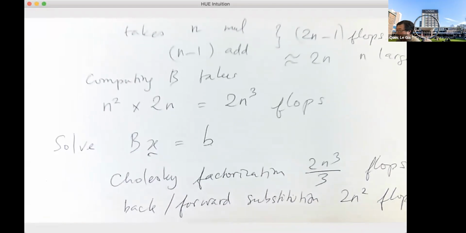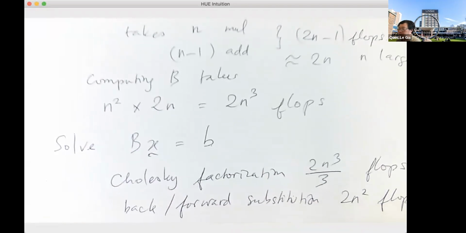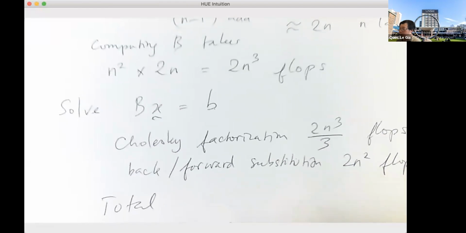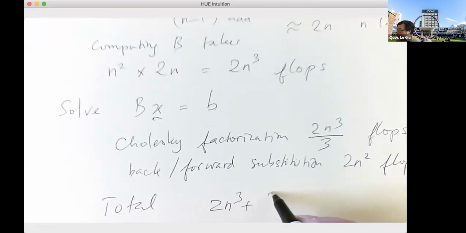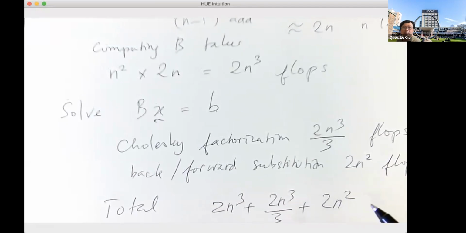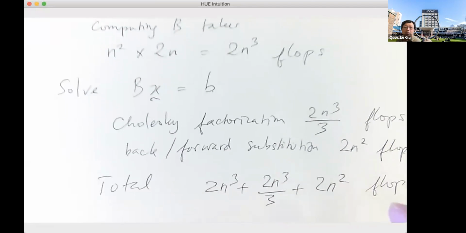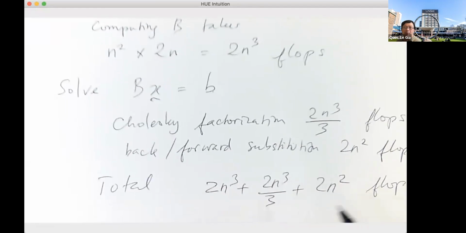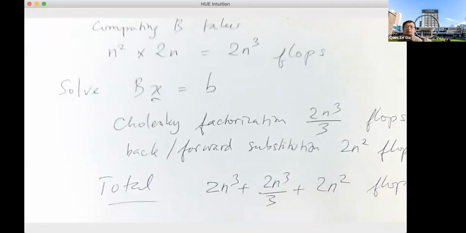So in total, the first approach takes 2n cubed plus n cubed over 3 plus 2n squared flops, which is about 7n cubed over 3 plus 2n squared for the first method.